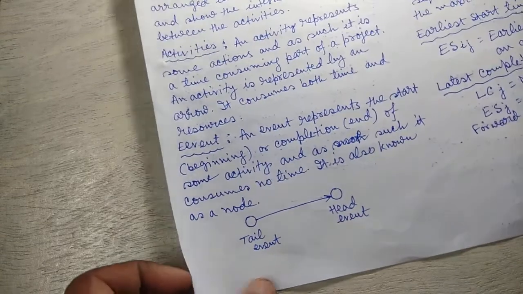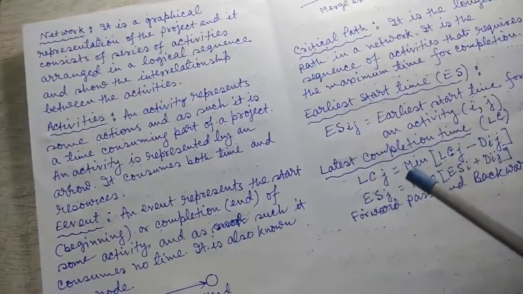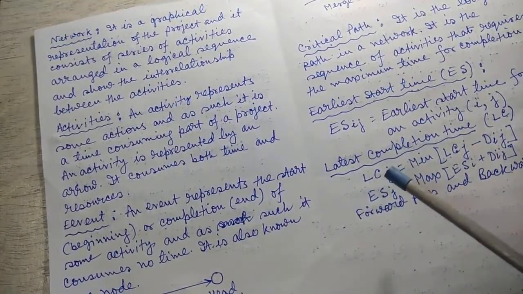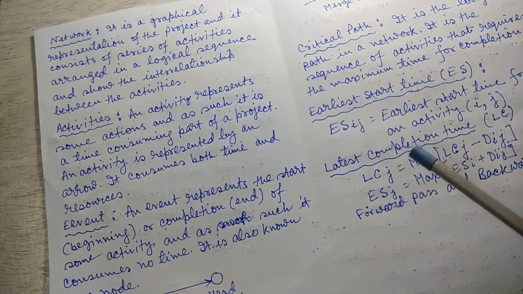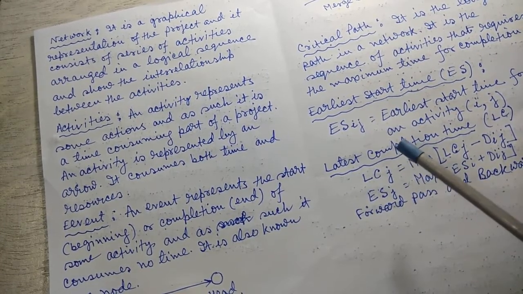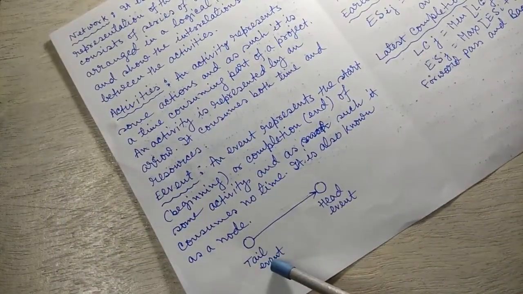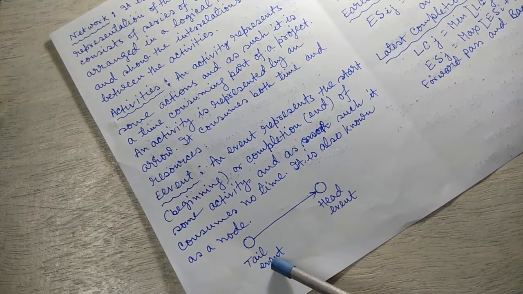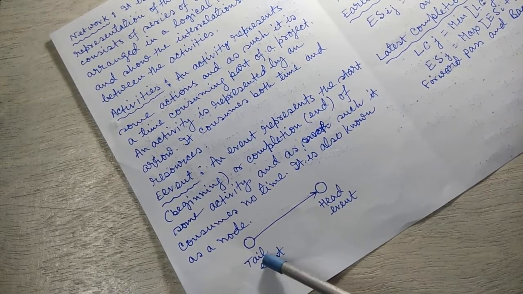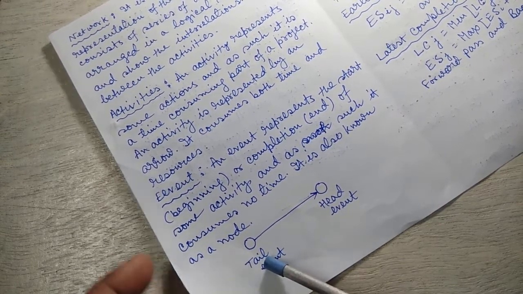Now, earliest start time. What is earliest start time? Earliest start time is the earliest event time of the tail end event. Tail end event, that is tail event, here the earliest event time. It is known as earliest start time.